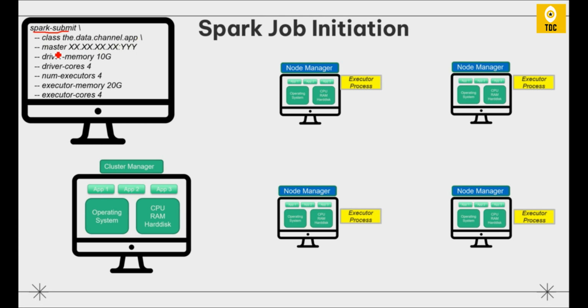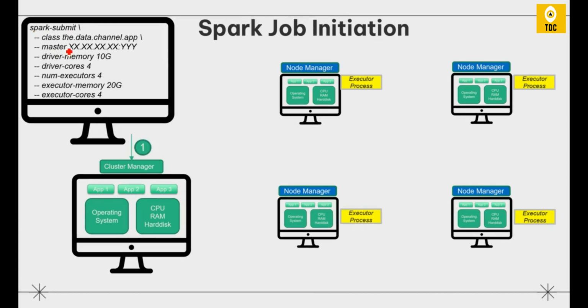And then you give the master node. As I told, you give the particular master IP or the location here. This is nothing but the IP of this master node.